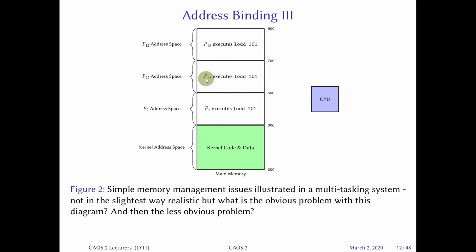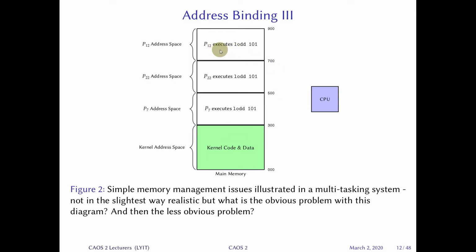And likewise, when P22 executes LOD 101, it isn't referring to the physical address 101 down here. It has to be referring to an address which exists in the range of physical addresses that have been allocated to P22. So 101 has to be mapped to a physical address which is somewhere between 500 and 699.